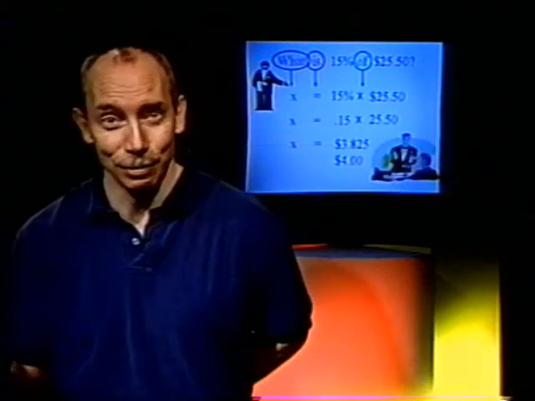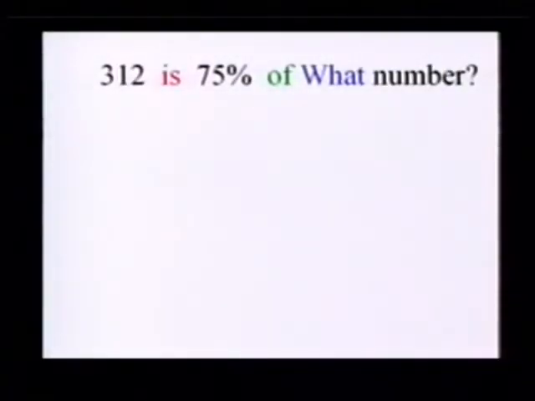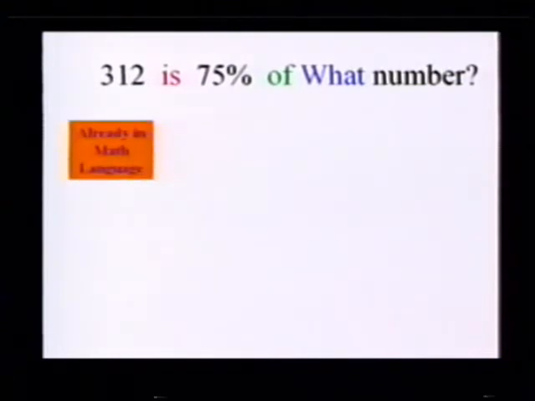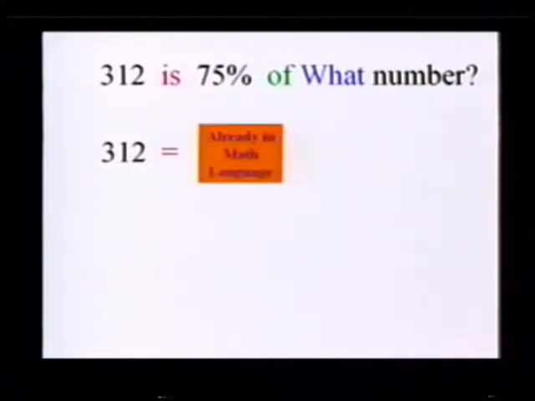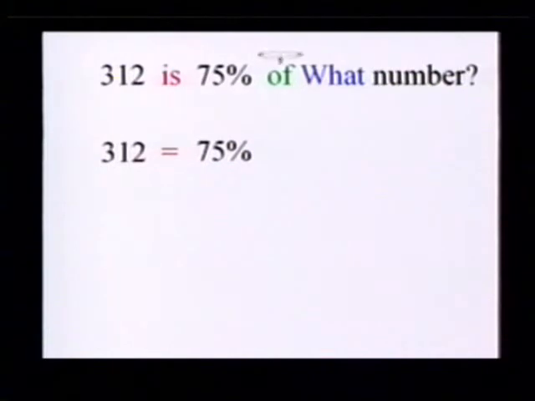Okay, let's look at another one. Now what am I going to do? Well, in this case, we're trying to figure out the opposite. 312 is 75% of what number? Well, not a problem. Let's use our interpretations. 312, that's already in math language, is, this is equals. 75%, already in math language, of, times.